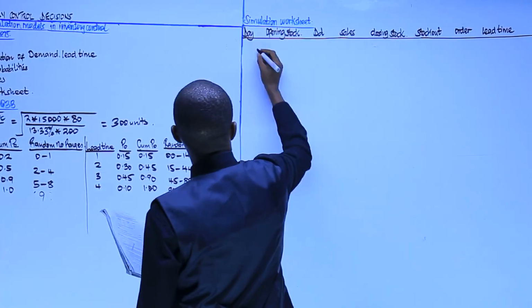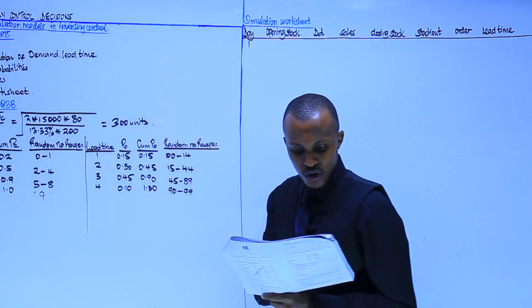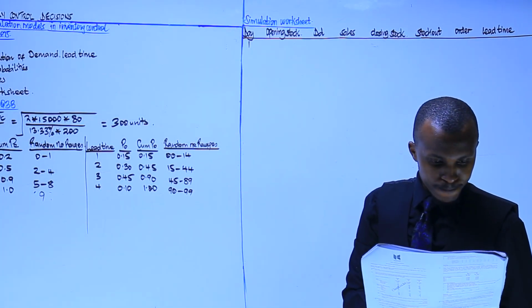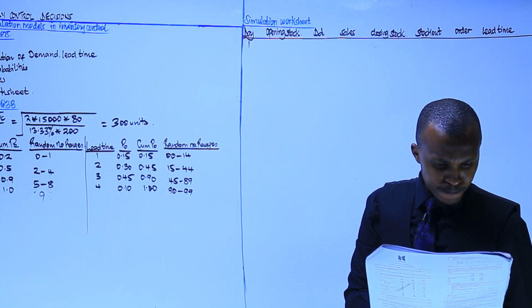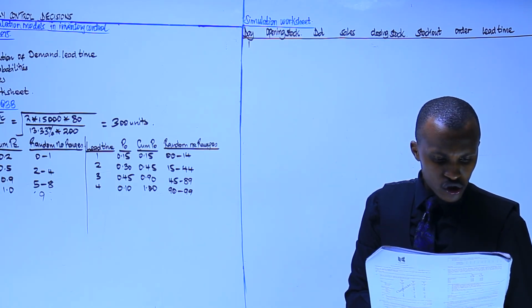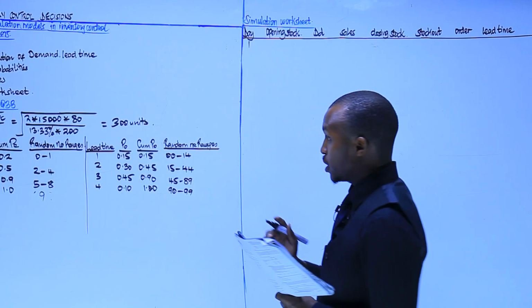Day one, they were saying how much was your opening stock. Note number 6, the initial inventory available was 180.